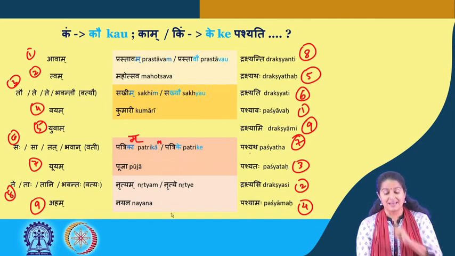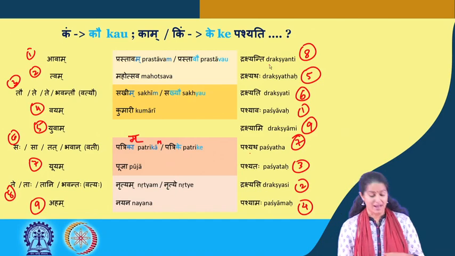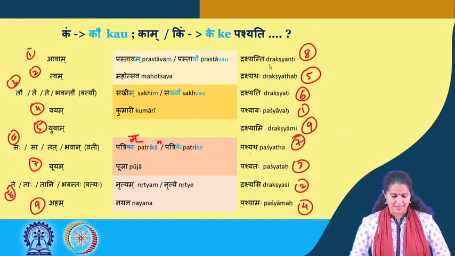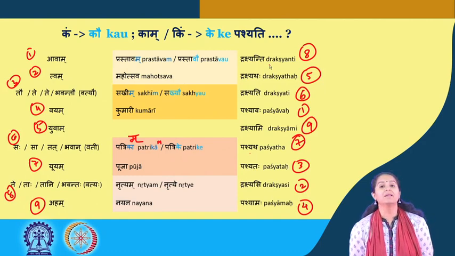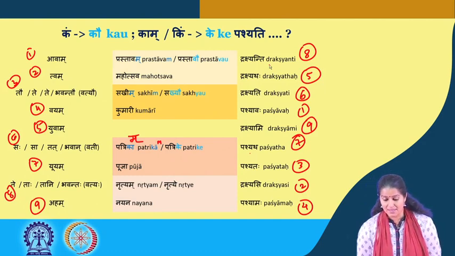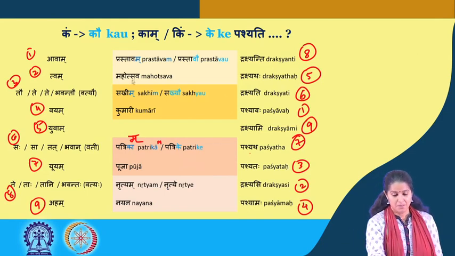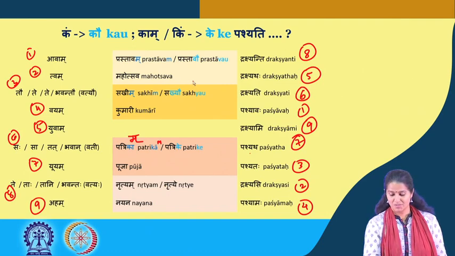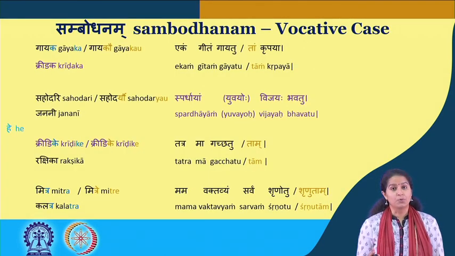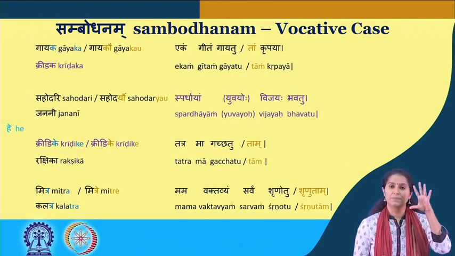Te nayane drakshyanti. Alright. And what I would like you to do, the last one is aham. I'd like you to make a sentence with aham. I will see those two festivals will be aham mahotsavau drakshyami. Uttamam.